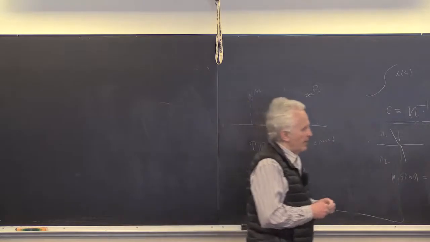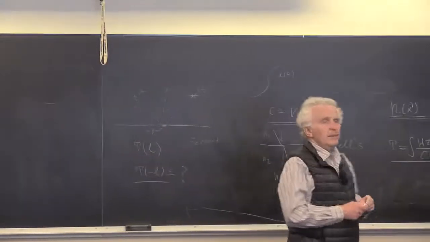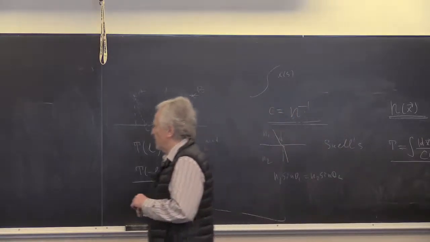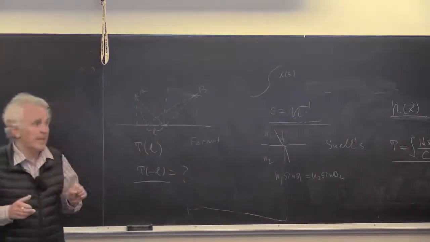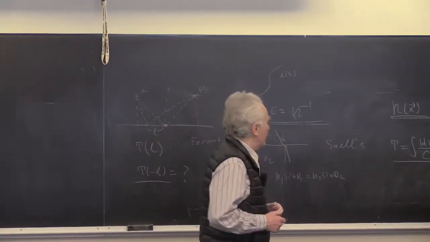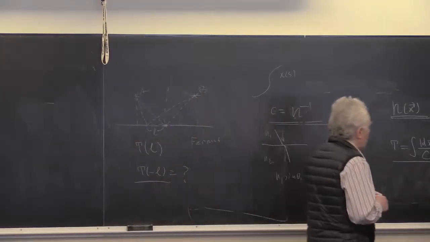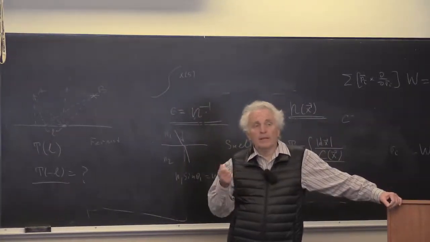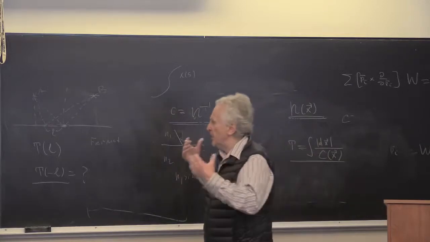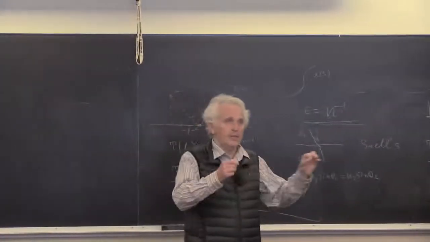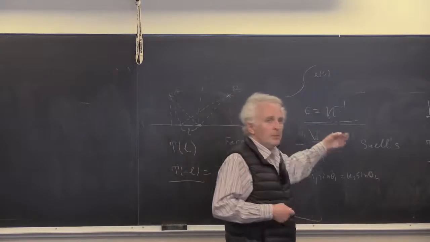Then there was a guy, Maupertuis, who formulated the variational principle for mechanics, which led to a lot of controversy because, well, you see, the idea behind the variational principle was, of course, theological, that everything is done in the best possible way.